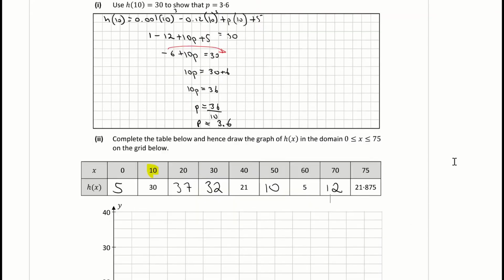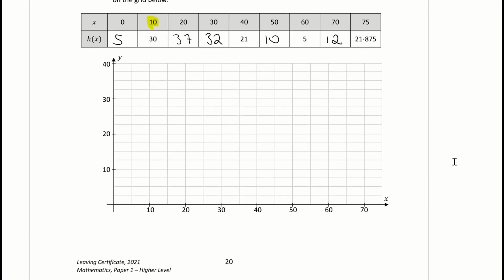I'm now going to just sketch them onto the graph now. Okay, so my second last one is 70, 12. So I'm coming across from 12 to 70, which is roughly about here.